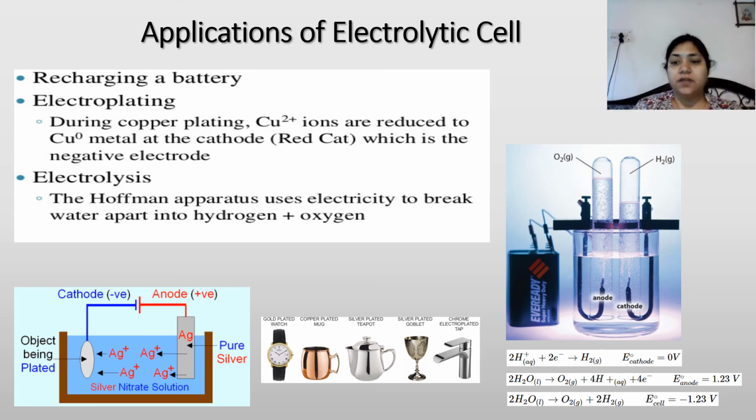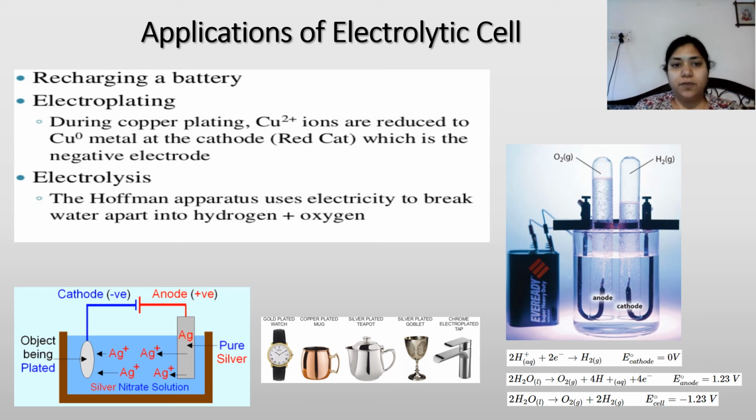But after some time, when the battery stops giving electricity, a recharging is required. In recharging, the battery is connected to an outer electrical source, and due to electrical energy, some chemical changes occur inside the battery. So the charging process is an example of electrolytic cell.